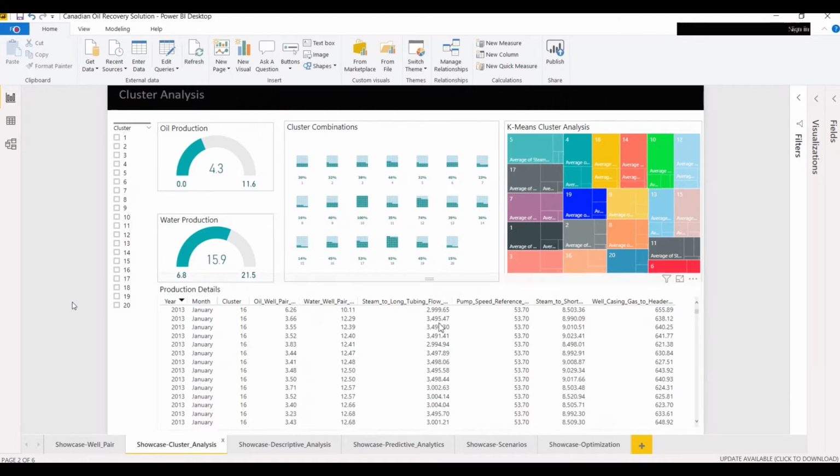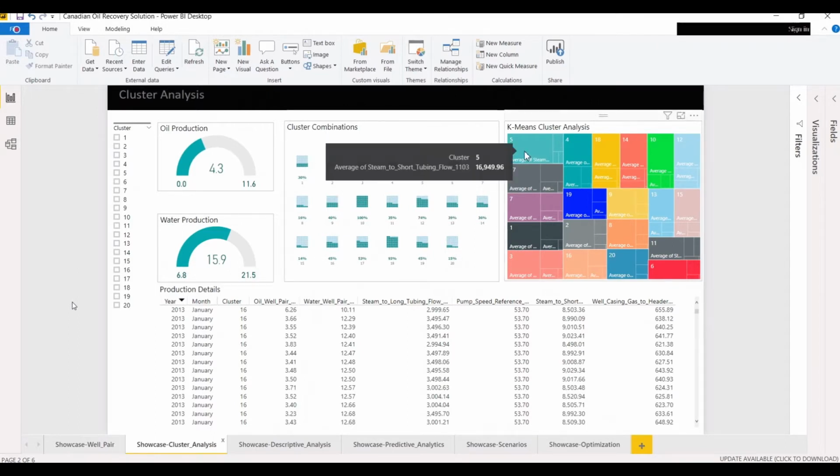So here you're seeing cluster combinations, k-means clustering, which means what are the optimal combinations of steam, gas, and pressure that lead to maximum oil production. This will be important for oil operators to determine the optimal combination that have led to maximum oil production and minimum water production from these wells.